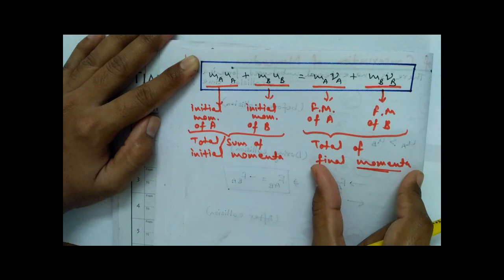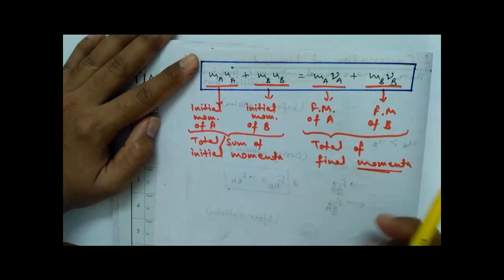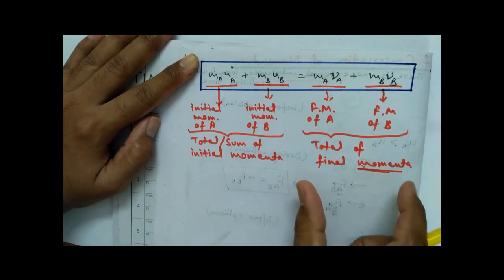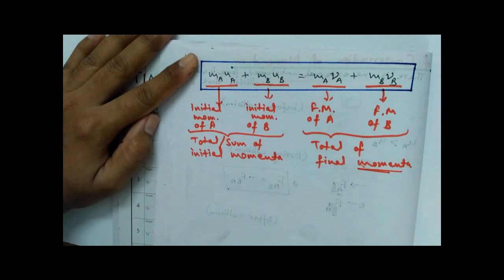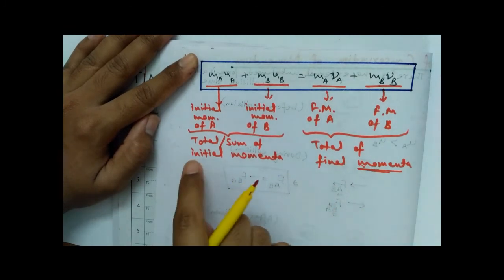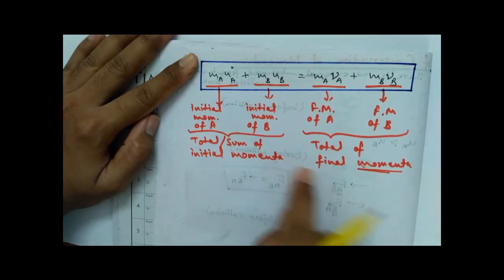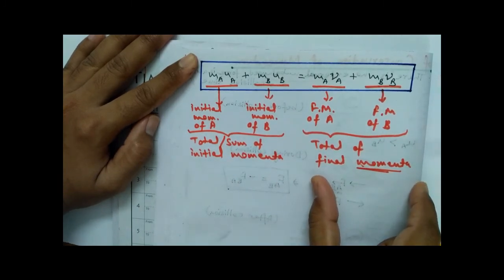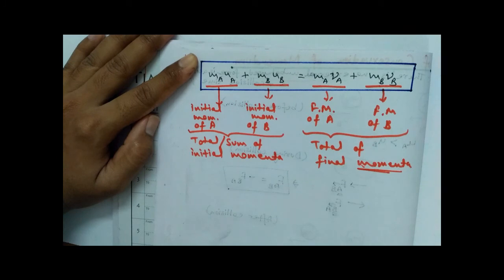That means our momentum doesn't get changed even after the collision, and our momentum will get conserved. Conserved means unchanged. This is the law of conservation of momentum, that during the collision also the initial momentum gets unchanged, and gets conserved. That means it doesn't get changed.